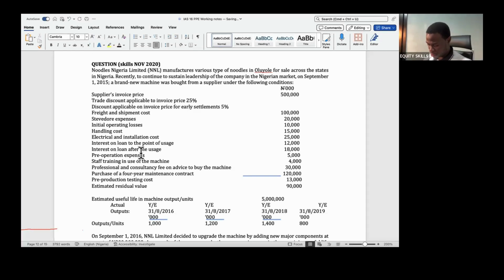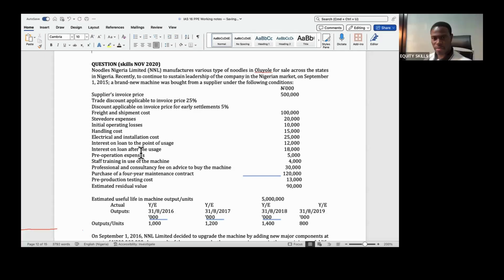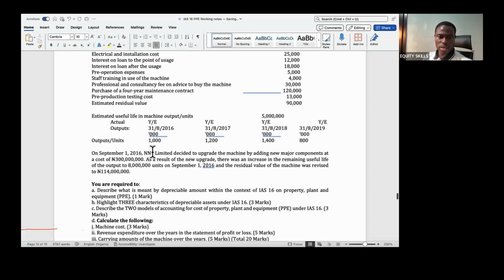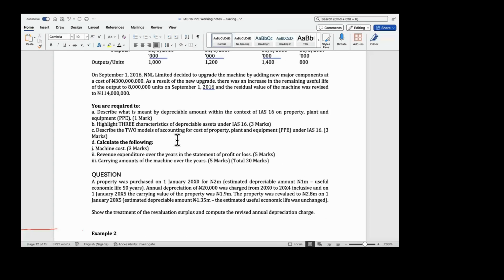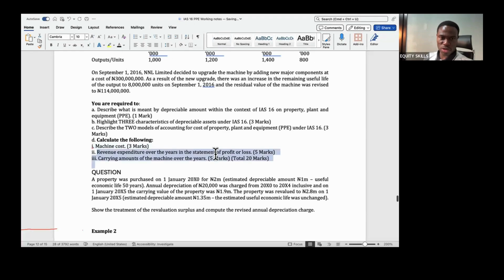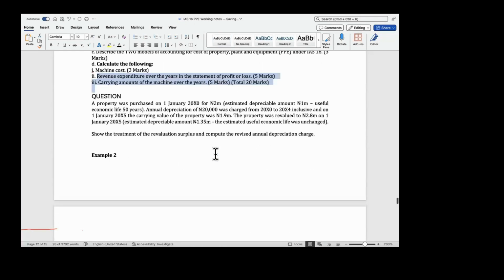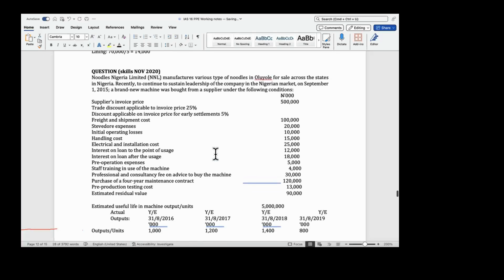I think FM. I can't finish this question, so I will just do only determination of machine costs. I'll do the remaining 2 tomorrow. Then we'll continue solving our questions tomorrow. We have plenty of questions to solve, and we have to finish everything just for you to get used to it.